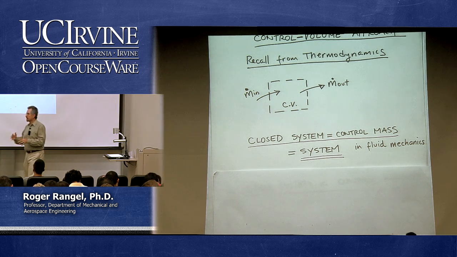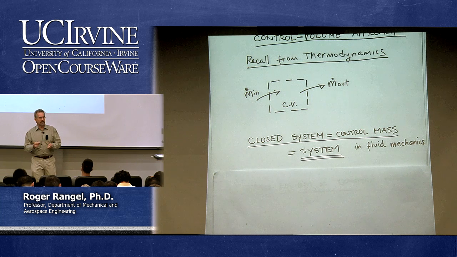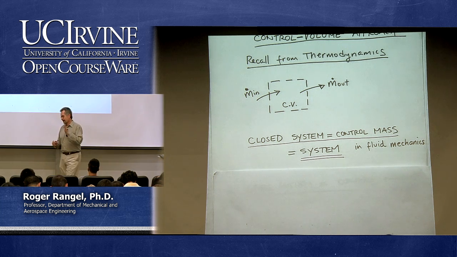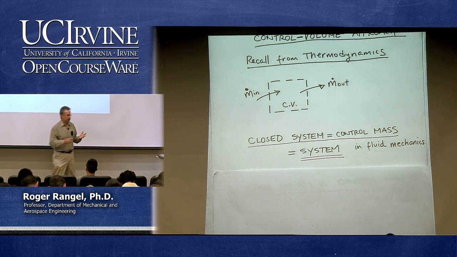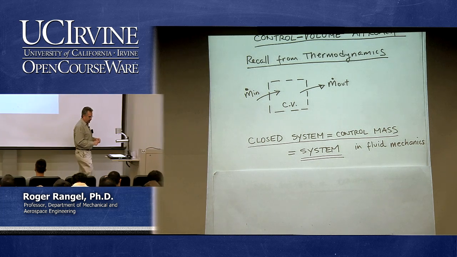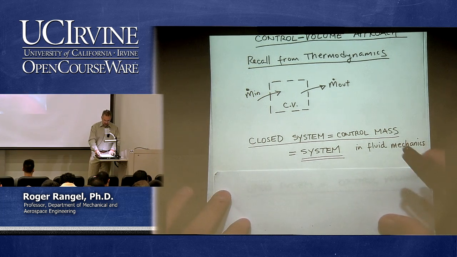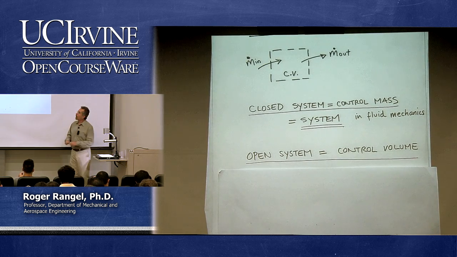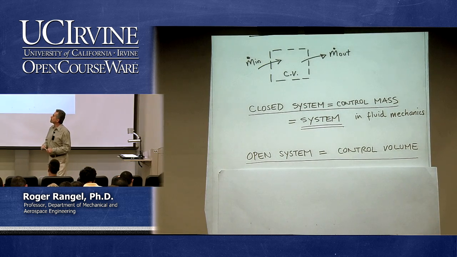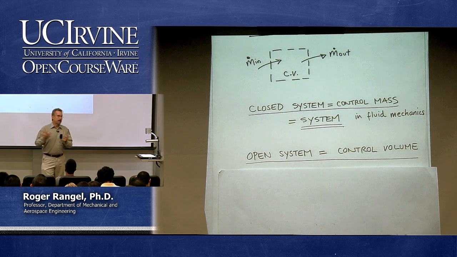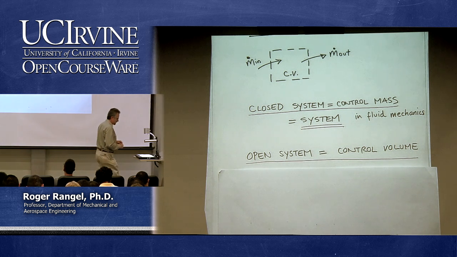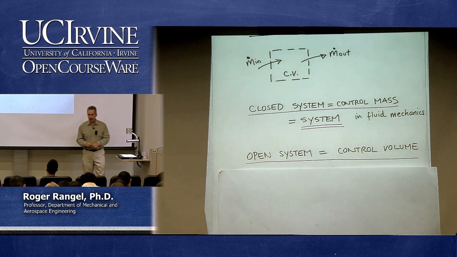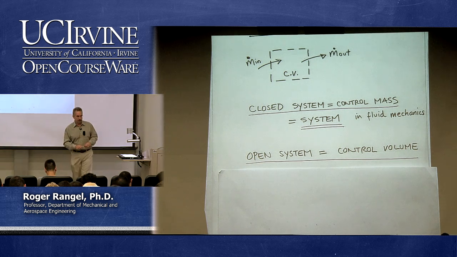Now, in fluids, sometimes we just say system. So in fluids, when we say system, many times we mean closed. So when you hear the word system within the context of fluid mechanics, it is a closed system. Whereas what we used to call open system in thermal is what we call in fluid mechanics a control volume. So one that allows for mass to cross the boundary.